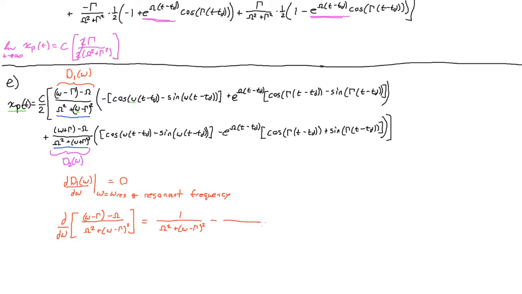And then we're going to have this guy, our denominator, and then that's going to be squared. And then we're going to have times 2 times omega minus gamma, and then times the top. So it's going to get a little messy here, but it'll be okay. Minus omega. Right? Okay.